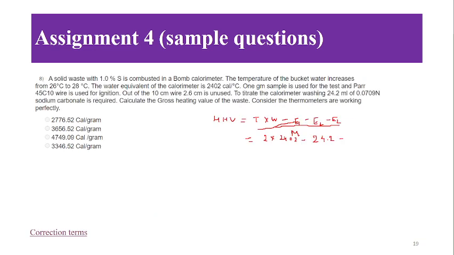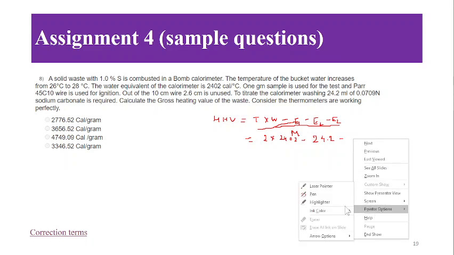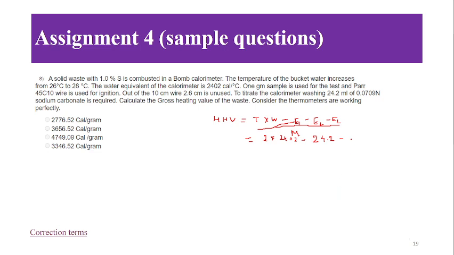So here, 1% into the mass, which is 1. So 13.7 into 1, minus, it's given 2.6 is unused. So 10 minus 2.6 we need, so the amount of consumed wire is required.